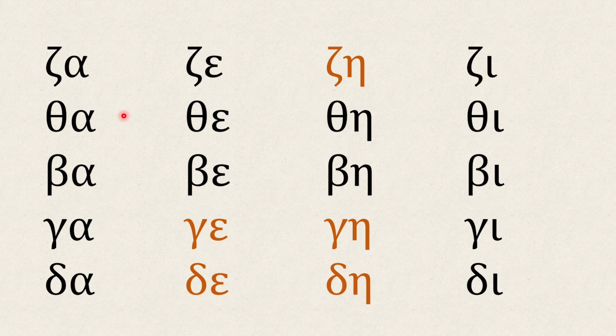Now let's practice these syllables. I will say each sound separately and then say the whole syllable 3 times. Z, a, za, za, za. Z, e, ze, ze, ze. Z, i, zi, zi, zi.